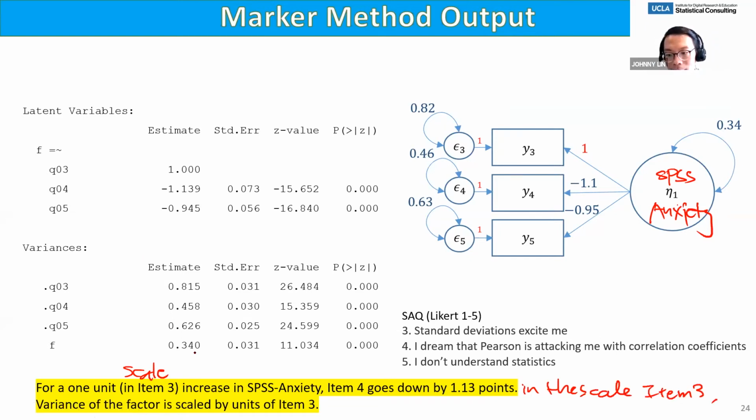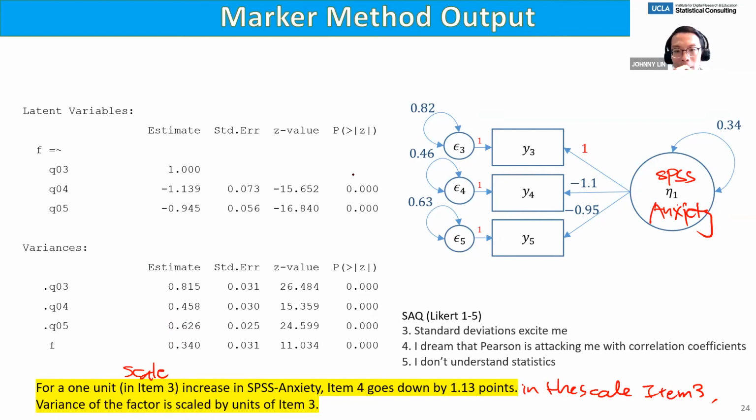Now the variance of the factor right here is scaled by units of item 3 now. So that is the variance of the factor in the scale of item 3. These are the residual variances of items 3, 4, and 5, and I know that because there's a dot in front of them. Dot means residual.